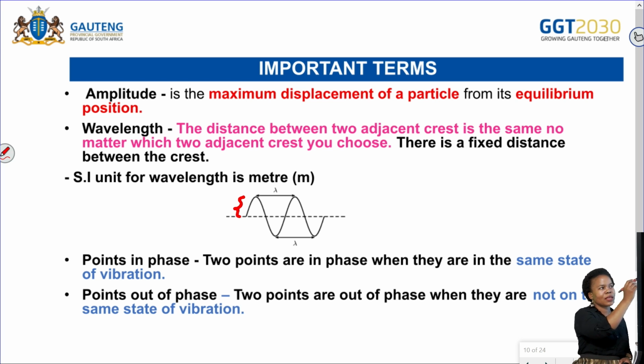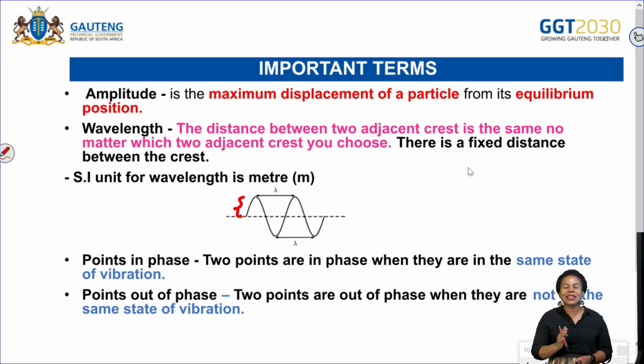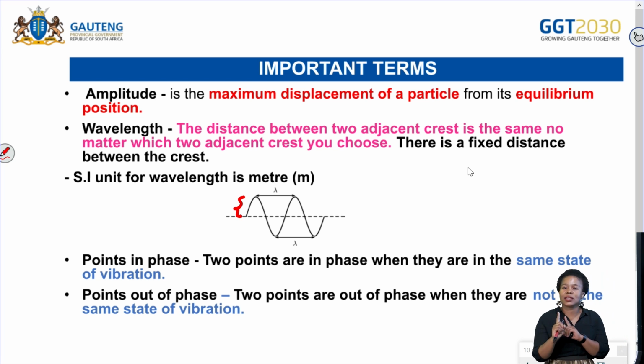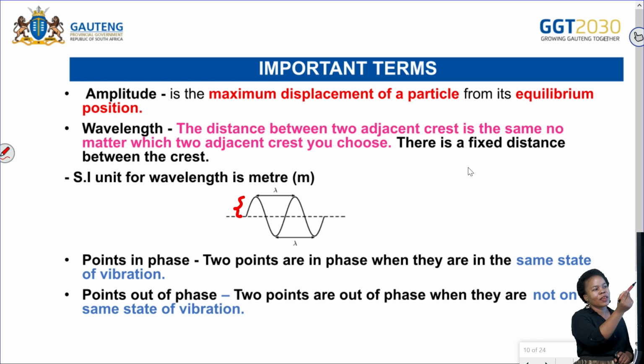Now we're saying it is the distance between two adjacent crests, so they have to be following each other. For example, on the other side, we can choose two troughs as well, but they have to be adjacent to each other, following one another. So there's a trough and there's a trough.